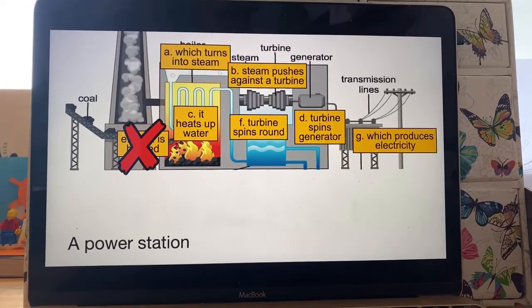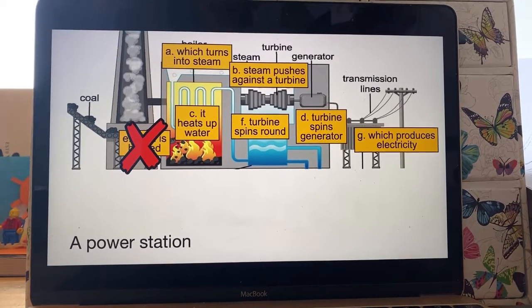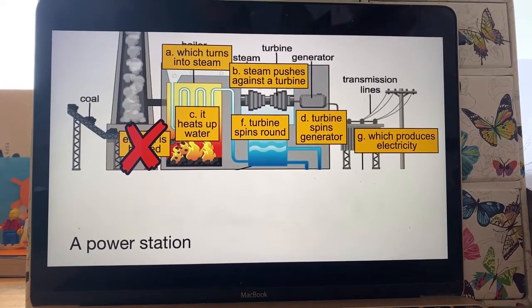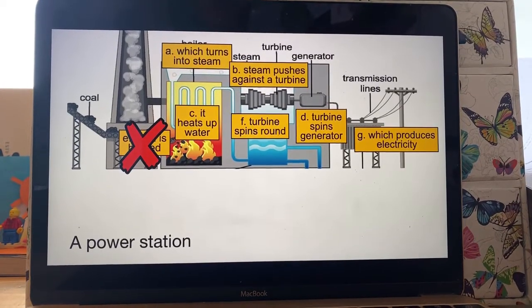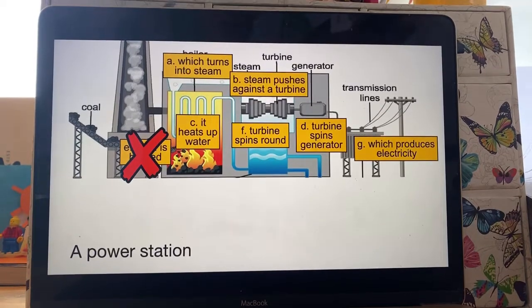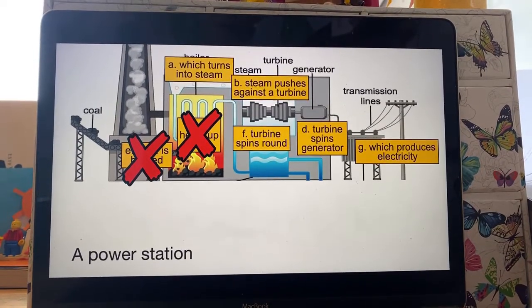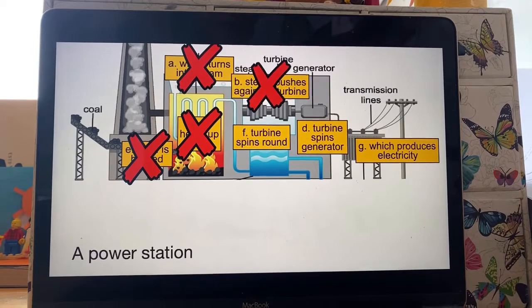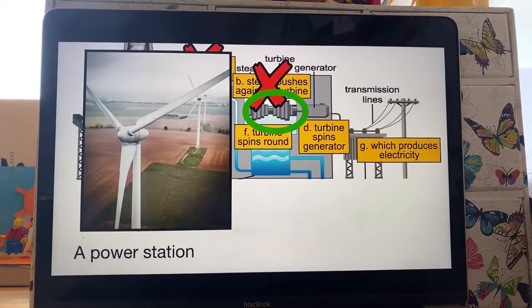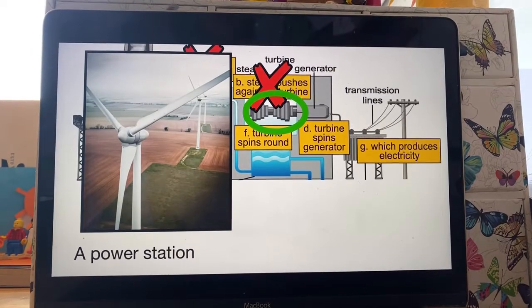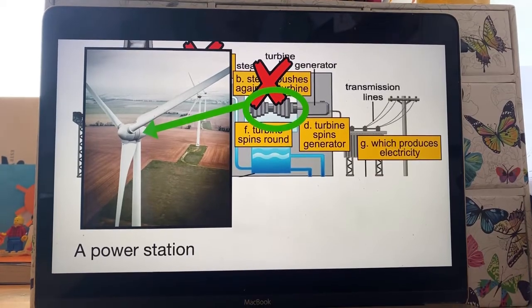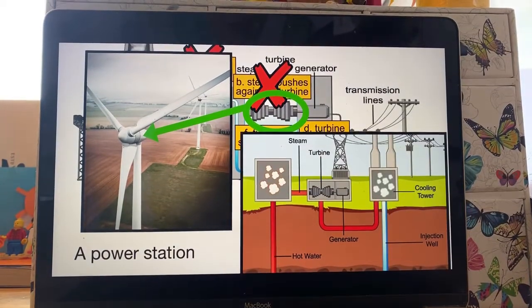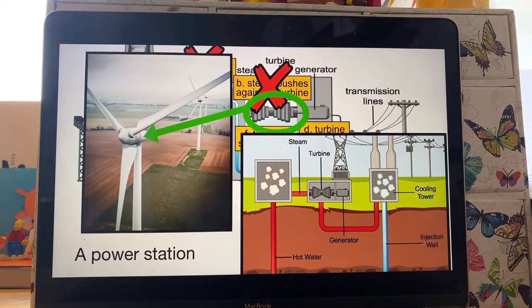And then we said, well, fossil fuels like oil and coal and gas, they release a lot of carbon dioxide into the atmosphere. They're going to run out. It'd be better if we didn't use those. You could just not even bother with the coal and heating up the water and the steam, and you could just skip straight to the turbine. Remember we looked at wind turbines? So the wind turbine turns something inside the generator and that produces electricity.